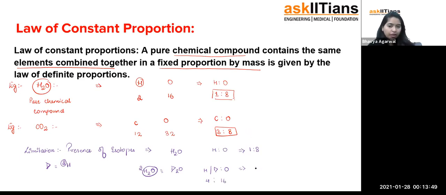So the ratio will become 1:4. So even when the compound is the same and the elements combining together are the same, both are hydrogens, it is still not happening with a fixed proportion by mass. Previously it happened with a 1:8 ratio, now it is happening at a 1:4 ratio.